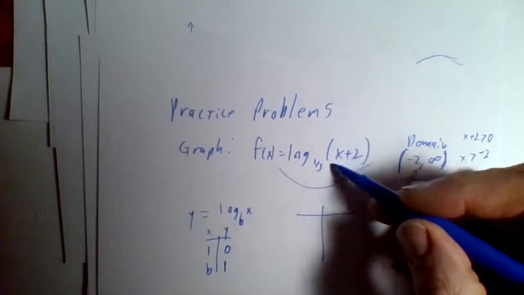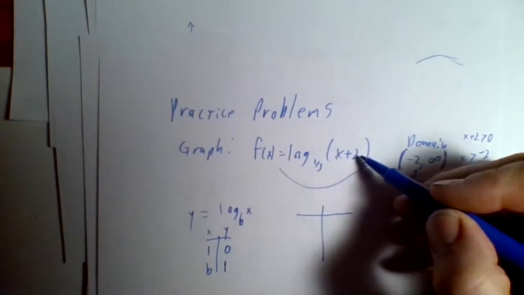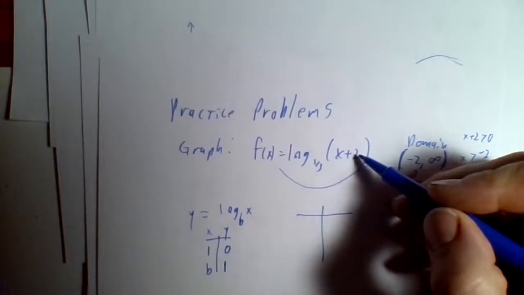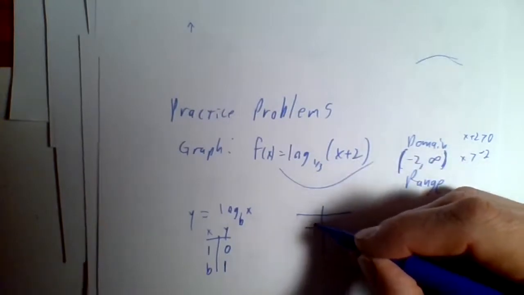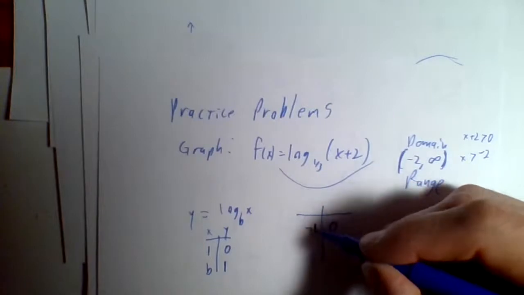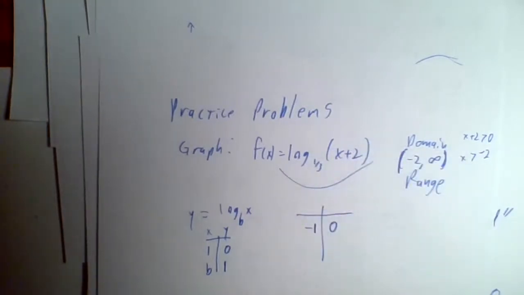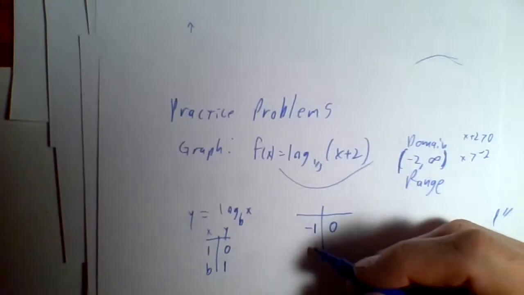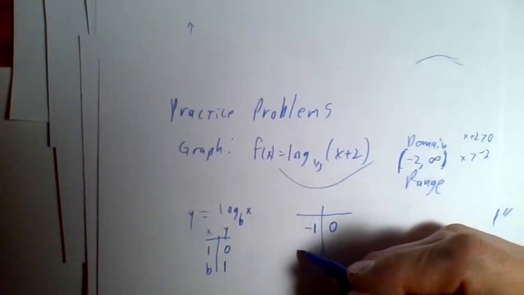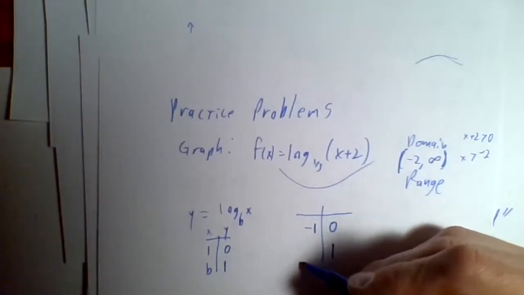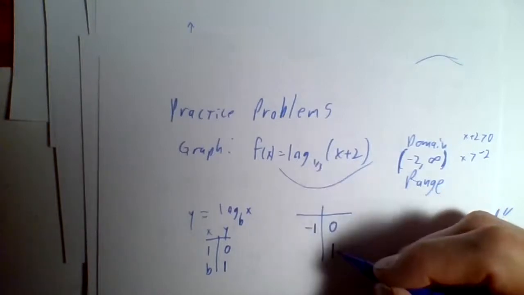Log of 1 is 0. So if x is negative 1, that's when I have the log of 1 right here. So it's negative 1, 0. When x is negative 1, you get the log of 1, which is 0. That's good. When that input is b, which is 1/3, I'm going to get 1.